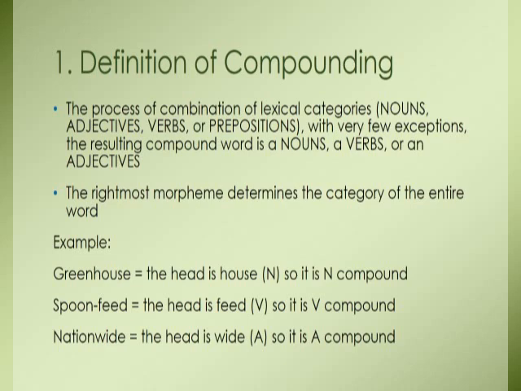And in deciding the head of the compounding, we have to see the rightmost morpheme, because the rightmost morpheme determines the category of the entire word. So it means that the head depends on the rightmost morpheme. Okay, we have to check the right position of the compound, because it is the head of the compound.